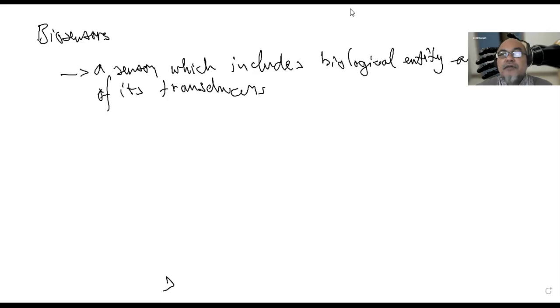Although we do not deny that some of these biochemical signals can be detected using a physical sensor. For example, glucose quantity in blood. There has been some research to develop a sensor for it.